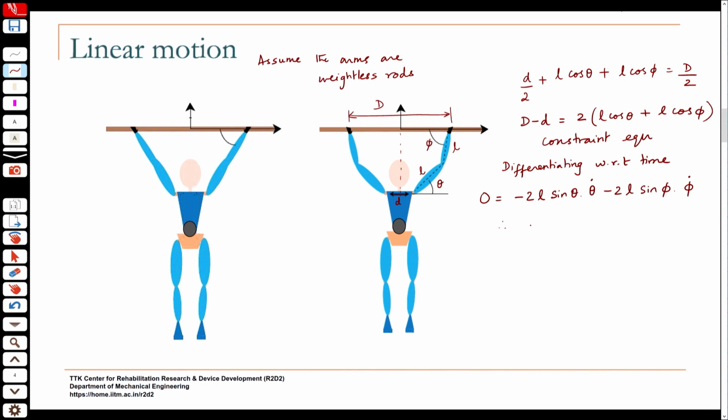Therefore, d theta by dt, theta dot, equals minus of sin phi by sin theta into phi dot.